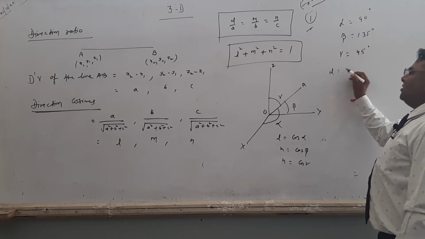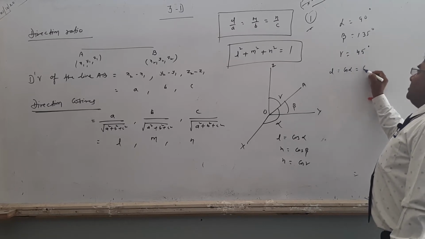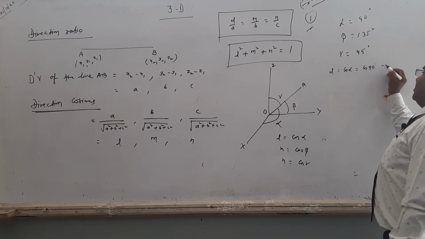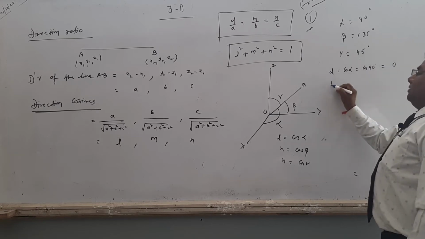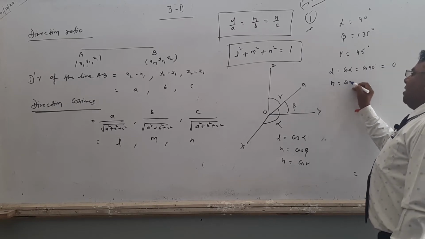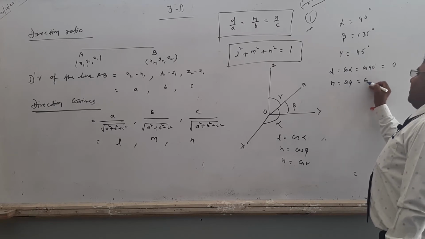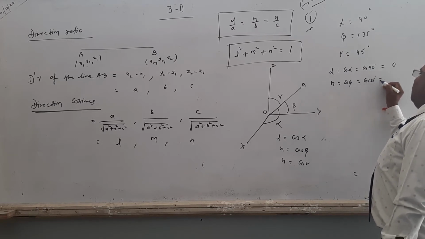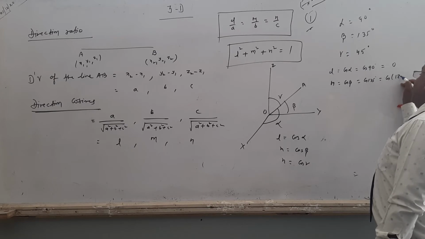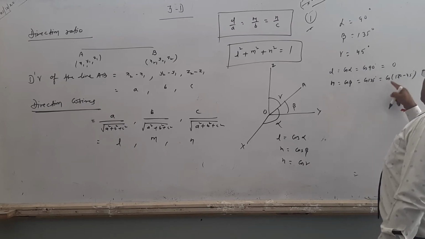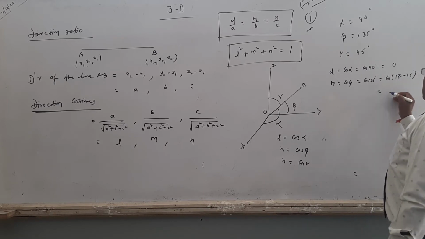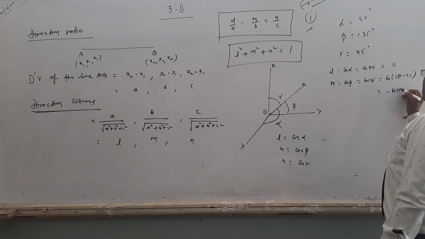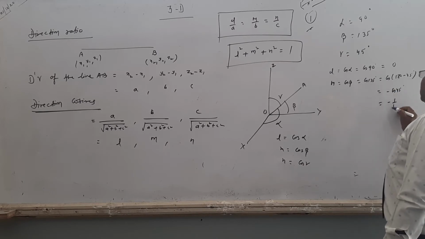L equals cos alpha, where alpha is 90, and the value of cos 90 is 0. Then m equals cos beta, and beta is given 135 degrees. What is the value for 135 degrees? Write it as 180 minus 45, and cos of 180 minus theta is minus cos theta, and cos 45 is 1 by root 2, so the value of m is minus 1 by root 2.